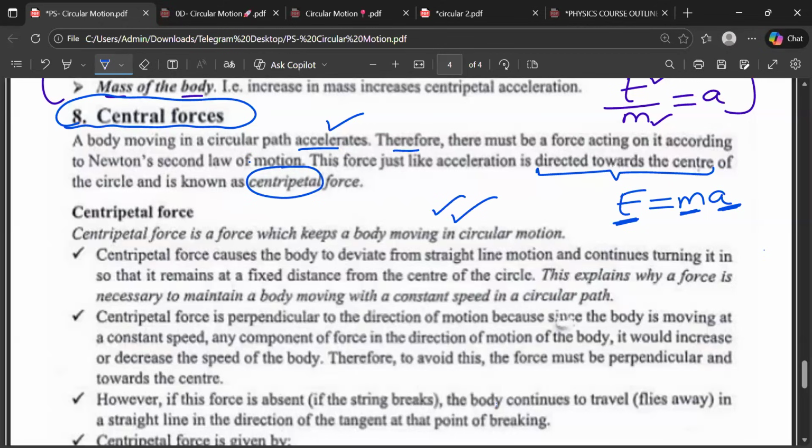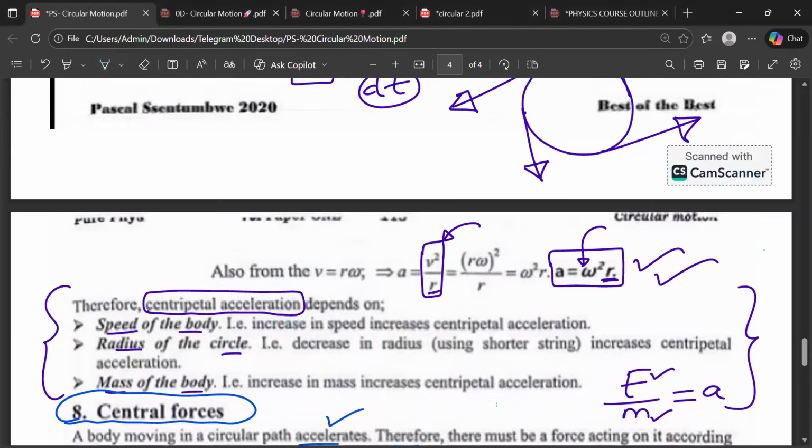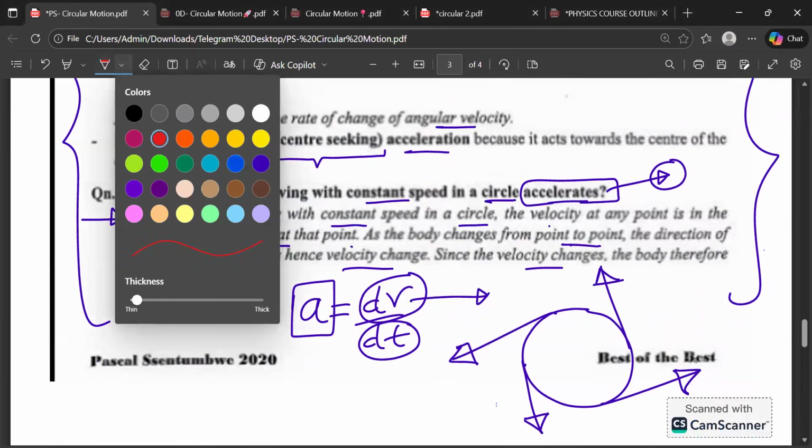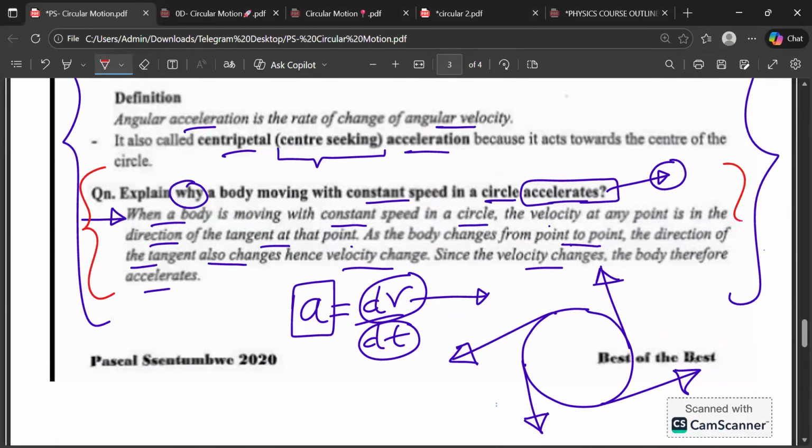Yes, Jovan? You were too fast. I'm not understanding the central forces, the first statement you made, that my body moving in a circular path accelerates. It is here. Did you get this question? Are you seeing this question?